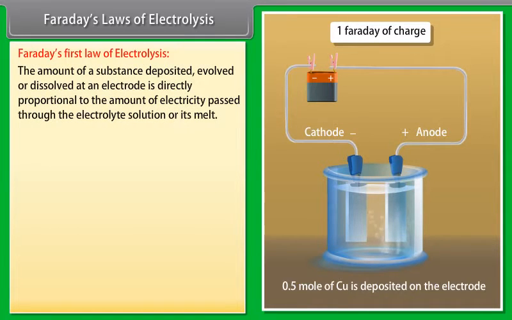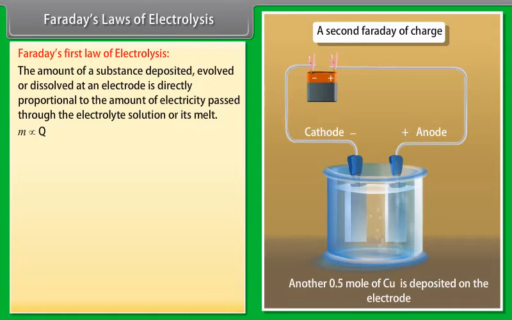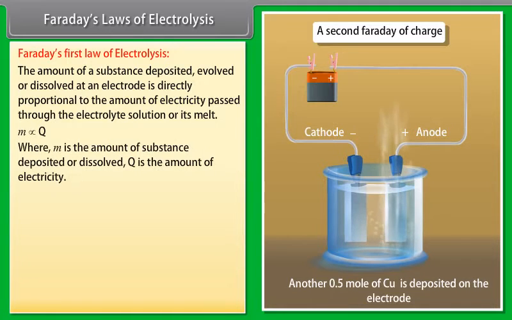Faraday's laws of electrolysis. Faraday's first law of electrolysis. The amount of a substance deposited, evolved, or dissolved at an electrode is directly proportional to the amount of electricity passed through the electrolyte solution or its melt. M is directly proportional to Q, where M is the amount of substance deposited or dissolved and Q is the amount of electricity.